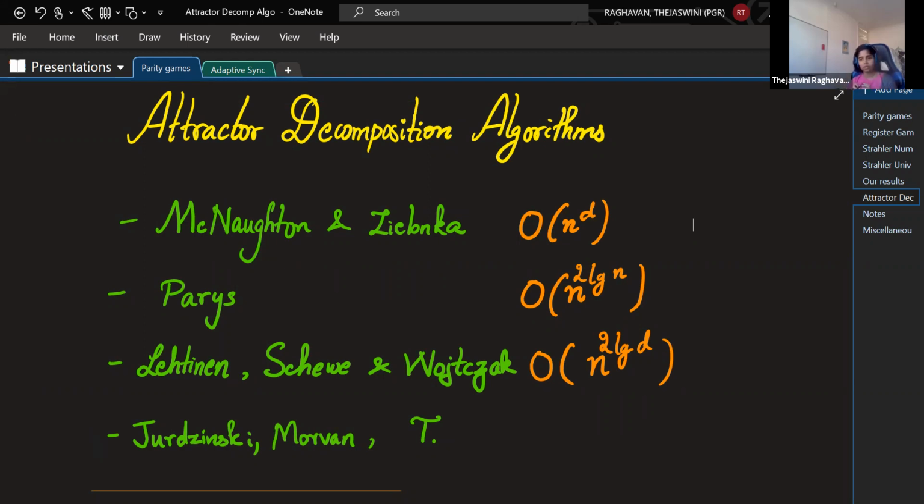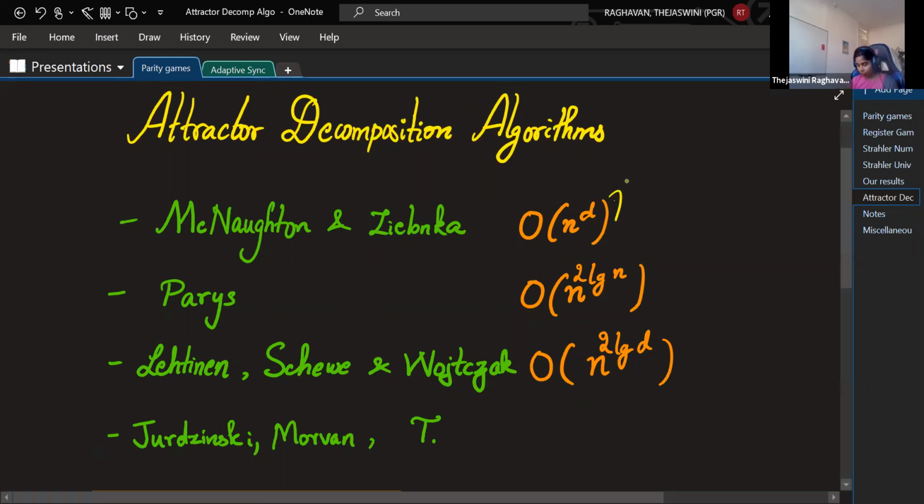This was one of the first algorithms to solve parity games. But what I didn't mention about this algorithm yet is that in implementation, it seems to run faster than pretty much all known quasi-polynomial time algorithms in practice. And none of those with faster running time seem to be able to beat it yet.